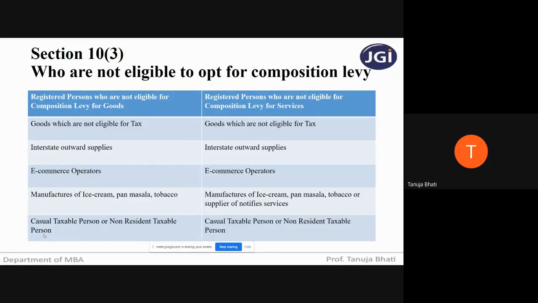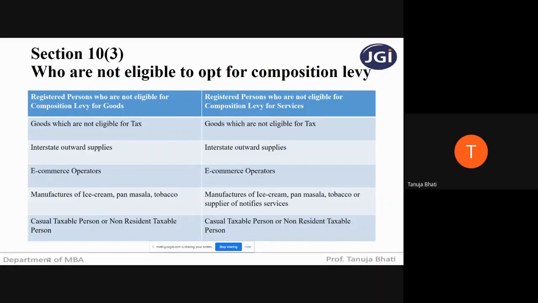For example, if I am having my business in Belgaum, but I want to provide my services in Hyderabad, and I don't have a fixed place of business in Hyderabad, therefore I will take a casual taxable person registration in Hyderabad. So that is a casual taxable person, who provides services occasionally and does not have a fixed place of business. Next, who is a non-resident taxable person?